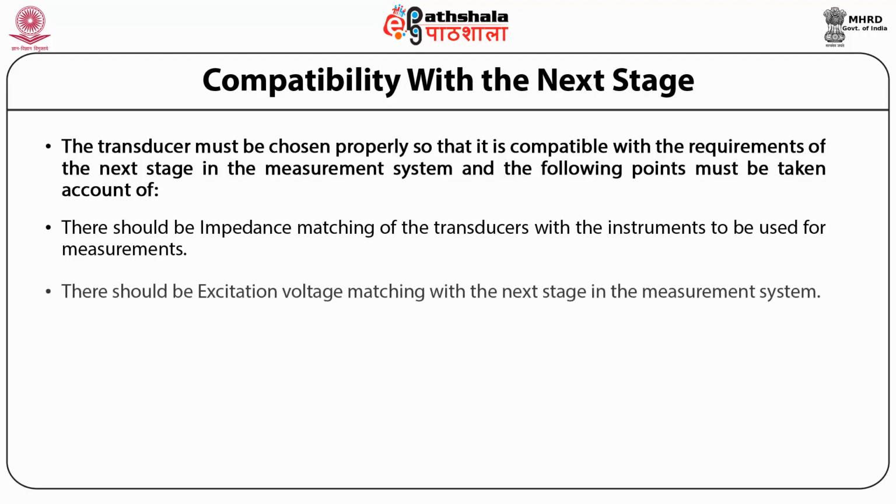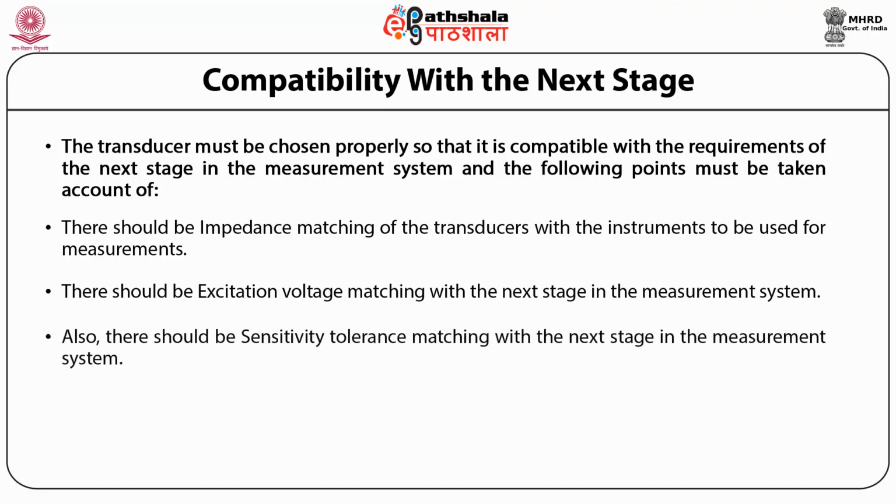Second, there should be excitation voltage matching with the next stage in the measurement system. Third, there should also be sensitivity tolerance matching with the next stage in the measurement system.